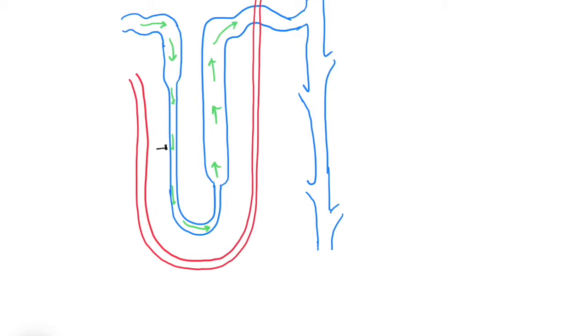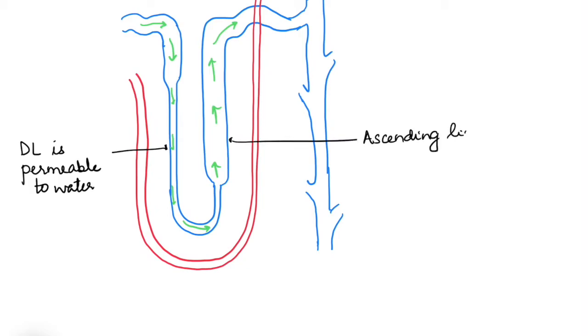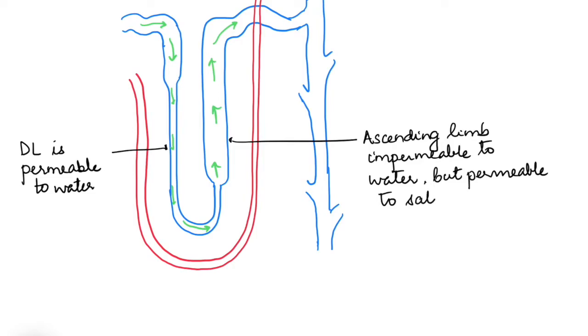The descending limb and the ascending limb have different permeability properties. So the descending limb is permeable to water. That means water can come out from the descending limb, whereas the ascending limb is impermeable to water but permeable to the salts. That means water cannot come out of this part but the salts can come out.